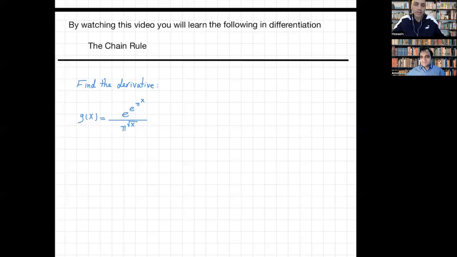Hi everyone. As Amir mentioned, I'm going to use the chain rule for this problem. As a reminder, I wanted to write down on the side the derivative rule for exponents. If we have y equal a to the x, then y prime is equal to a to the x ln of a.